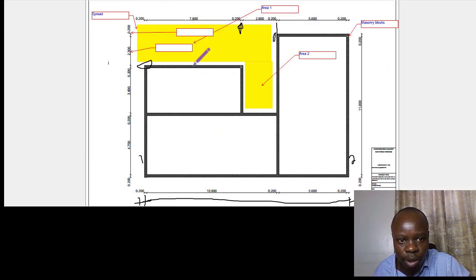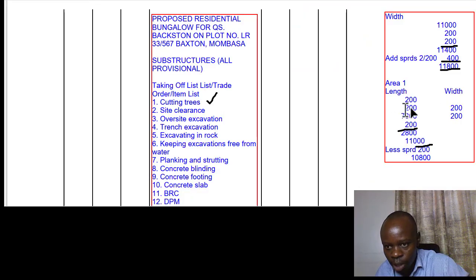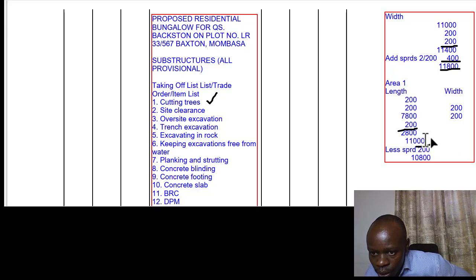It was left out, and then we have the wall at 200, then we have 7800, 200, and then 2800, and of course we less this part there. So the correct working would be we add that, when we add all these.